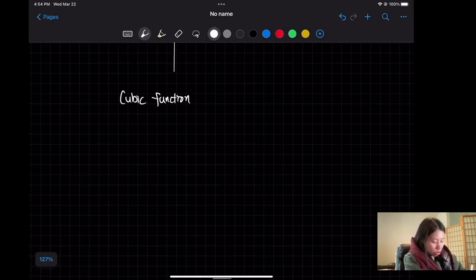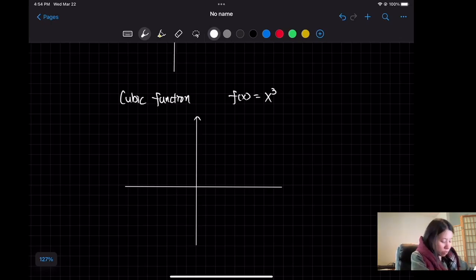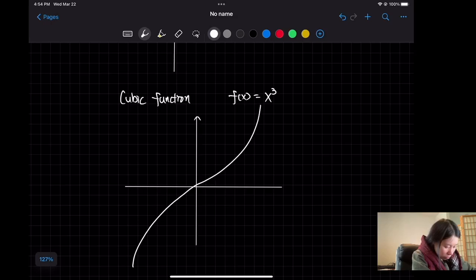For a cubic function, f(x) equals x cubed. The function looks like this one. Oops, it autocorrected me. So here's the cubic function.